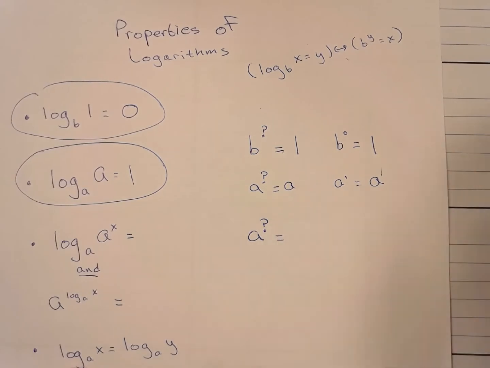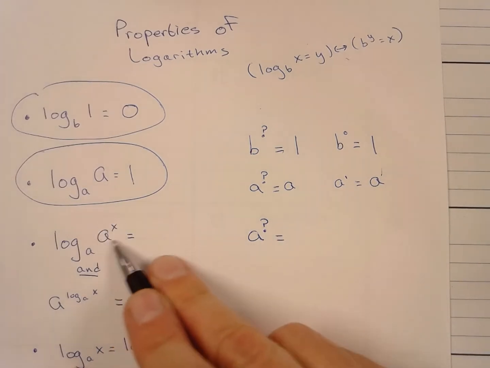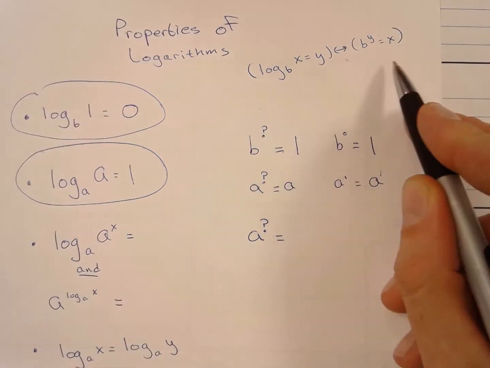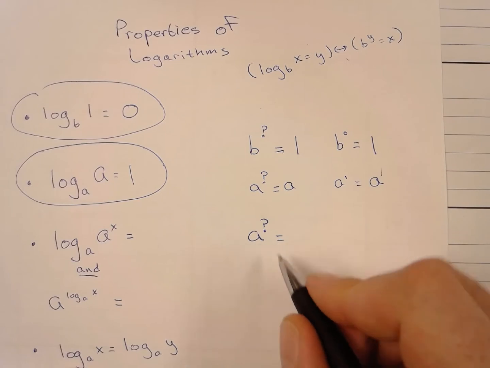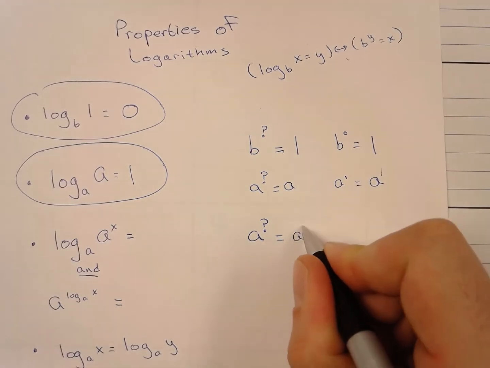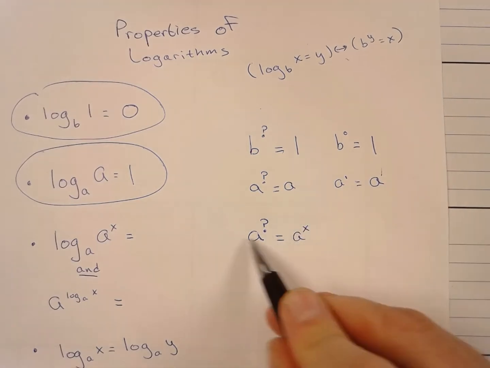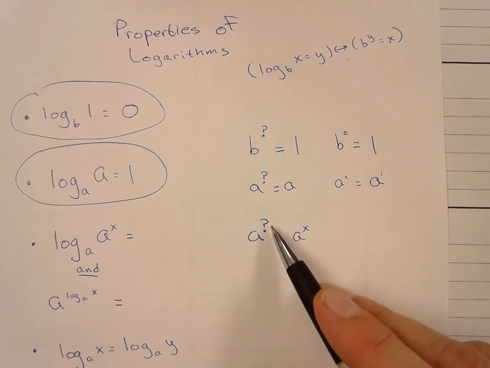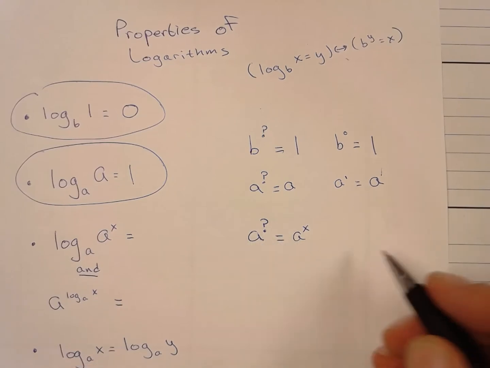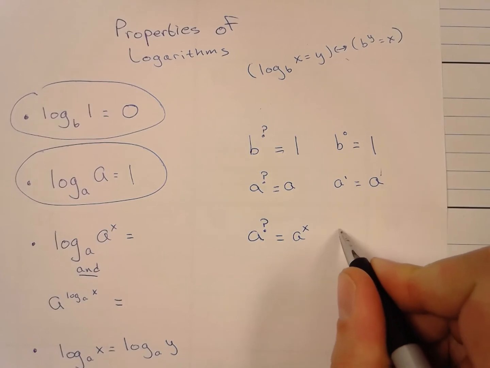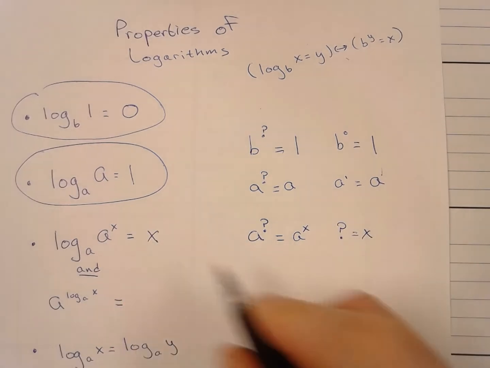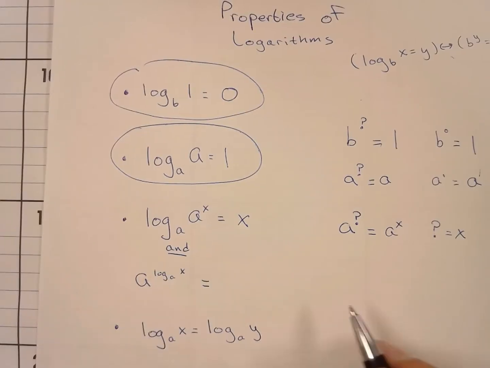And then the expression at the end of the log is this x. That's the answer in exponential form, so a to the x. And when I rewrite it like this, hopefully it should be pretty obvious. A raised to what power equals a to the x? Well, question mark equals x. So we'll derive a little meaning of that back here in this log property.